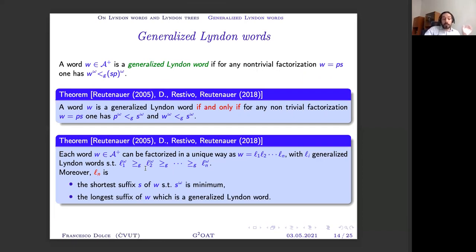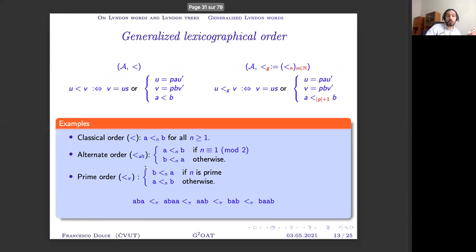Then we studied more in detail what happens when you consider the first factor, but only for this alternating order. It's actually what we call here, I haven't written it anywhere, the Lyndon words for this alternating order. They are so important that they deserve a special name. We call them Galois words, again because they're related to this stuff. So for this particular order, we studied more in detail, so we gave some technical results.